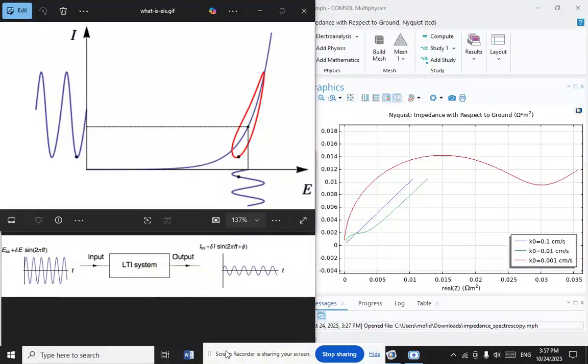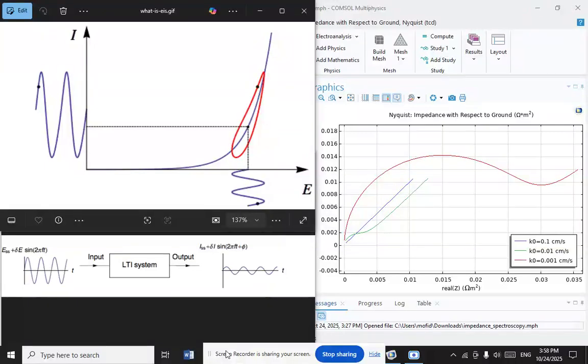The next one is material characterization. Electrical impedance spectroscopy helps determine the electrical and dielectric properties of materials, including transitions like glass transition or Tg and ferroelectric transition or Tc. The next application is biomedical diagnostics.